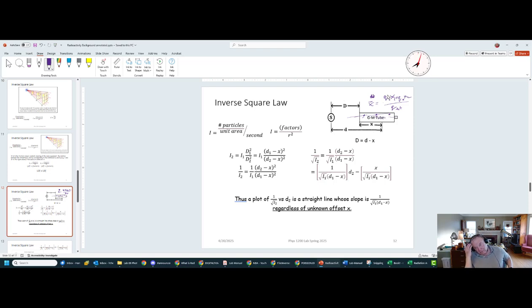Because we're bringing the source close, that distance X is a significant fraction, so we have to take it into account.